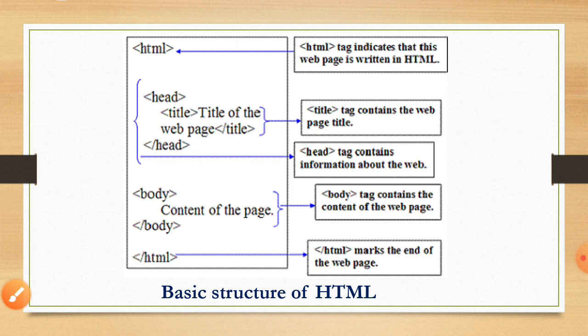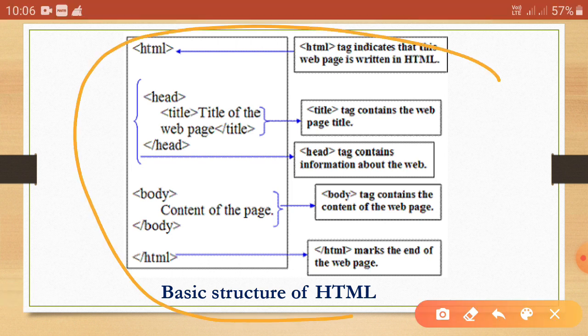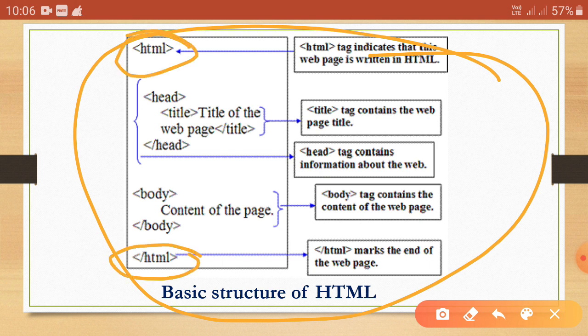Suppose this is the basic structure of HTML. Look very carefully. Here the first tag is HTML. In between the HTML tag it contains the head tag, and again inside the head tag it is the title tag. So HTML contains another tag inside it.